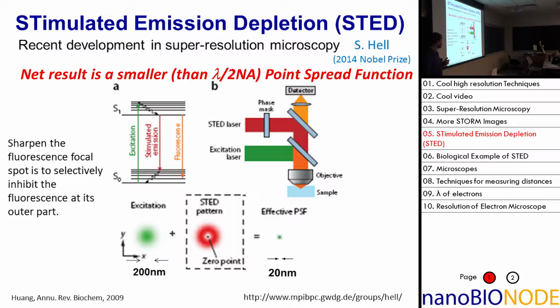Now, let's say you not only have the normal fluorescence, but when it gets here, you shine an intense amount of light, so intense that when the molecule sees it, it says, I give up, I'll stimulate. That light will stimulate the transition to go back down.